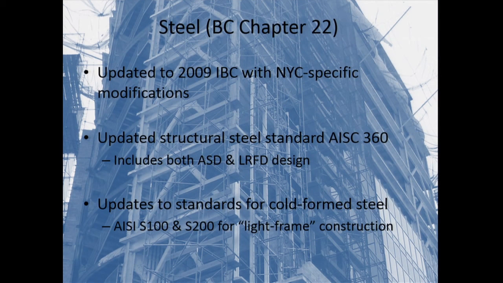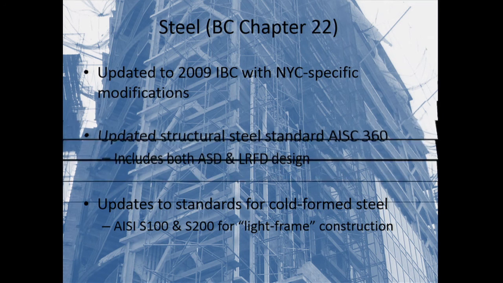Chapter 22, again, updates to the national standards. I think we're going to the 2007 editions of the cold form steel standards, and I believe it's the 2008 edition of AISC 360. So we're catching up to where everyone nationwide is going as far as steel design.